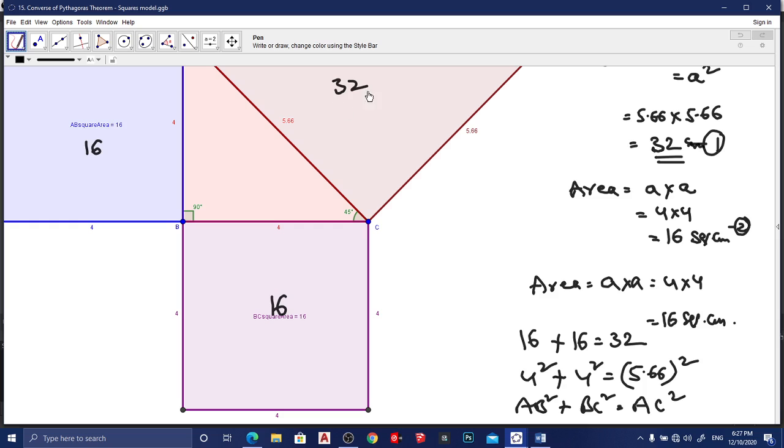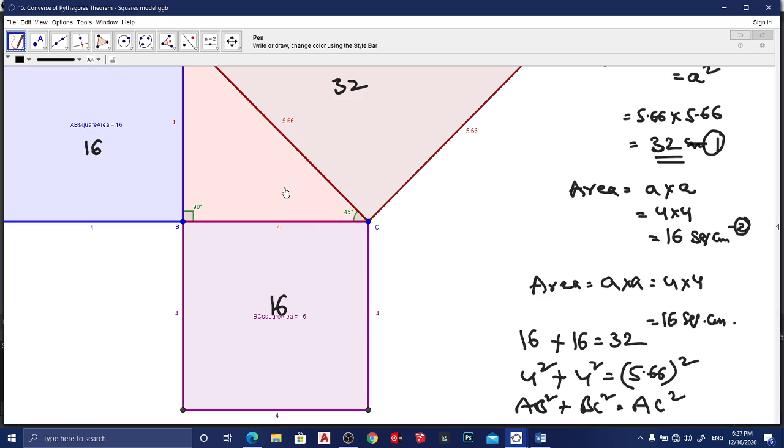And the square of this length is nothing but the area of the square formed by this length, which is 16 square centimeters. That is why we say area of the square is 16 square centimeters. That word square we use because of this reason only.